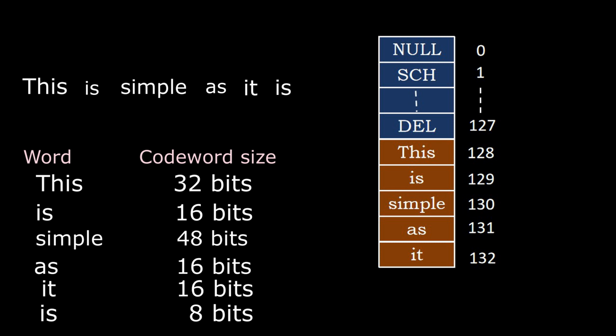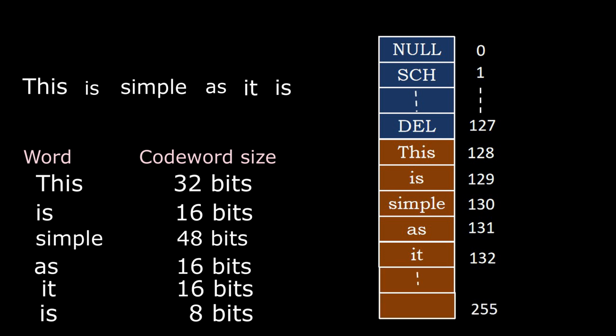As a result, the first occurrence of "is" requires a 16-bit code word size, whereas the second occurrence requires only 8 bits. So in this way, text compression is achieved efficiently in the case of the LZW algorithm.